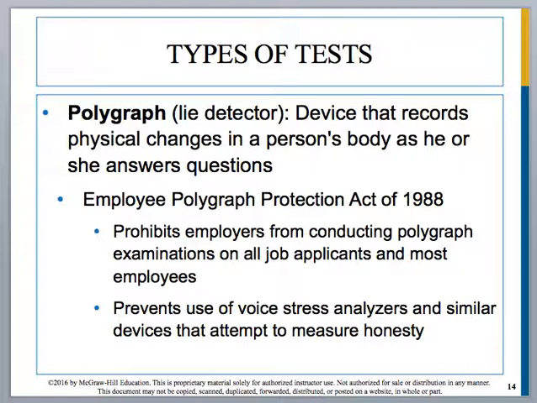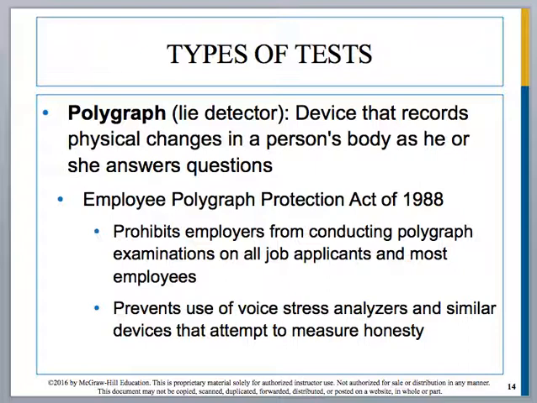And it prevents the use of voice stress analyzers and similar devices that try to measure your honesty. Why? Because if you're attaching some kind of device to me, my stress levels are automatically going to be apparent. And so that's not really going to gauge whether I'm being honest or dishonest.